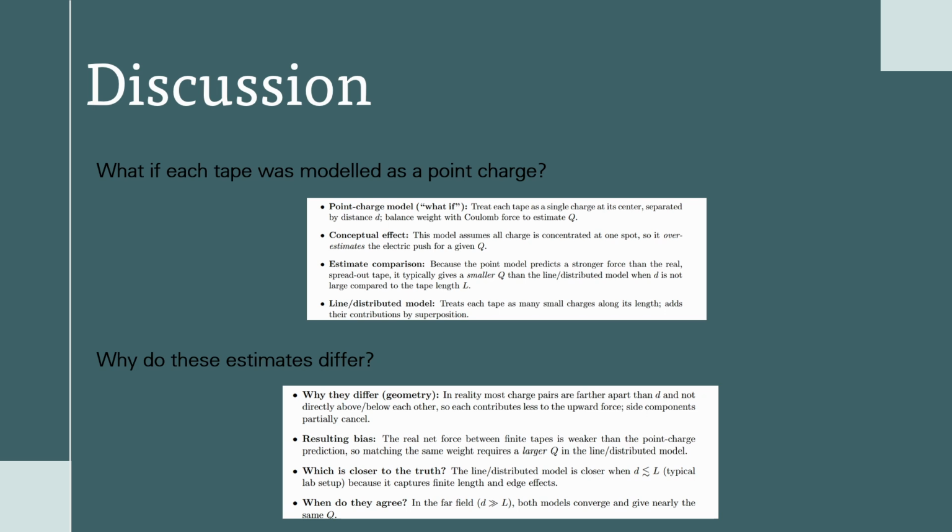These estimates differ because in reality most charge pairs are farther apart than D and not directly above or below one another, so each contributes less to the upward force and the side components partially cancel. The real net force between the finite tapes is weaker, so to balance out the magnitude of gravitational and electrical force, the Q would be larger.